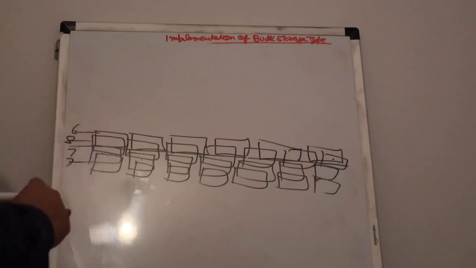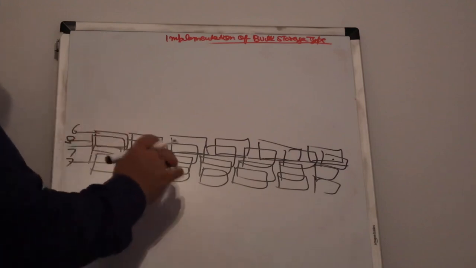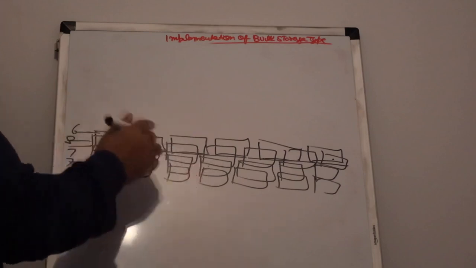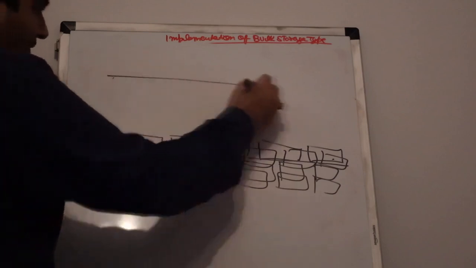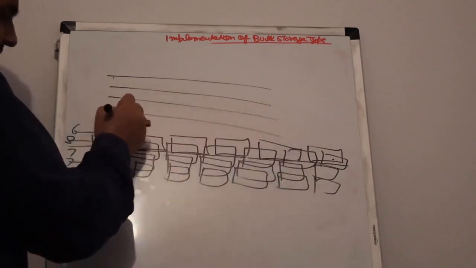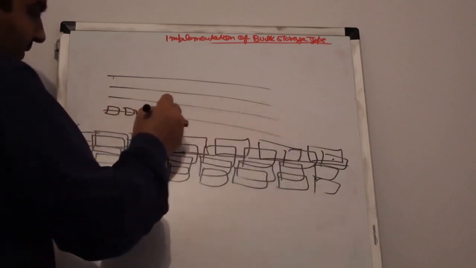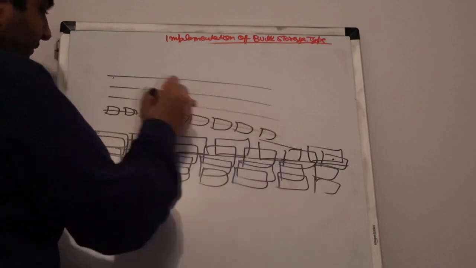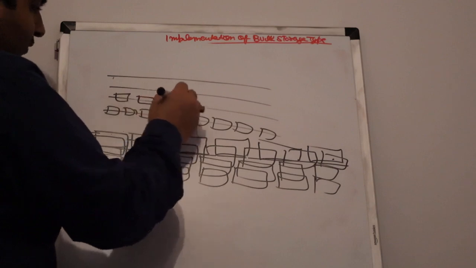So these are the rows. Here we can see the bags are not on top of each other, but they are managed in the form of rows. Okay, in the form of rows. So suppose these are the bags managed like this in a single row, and in another row we have more bags.